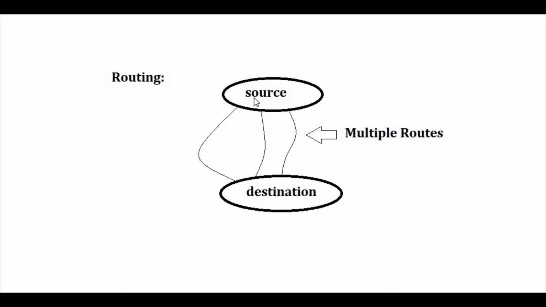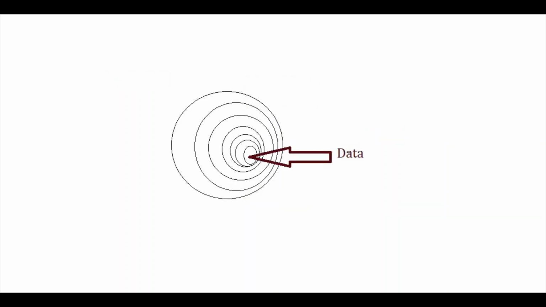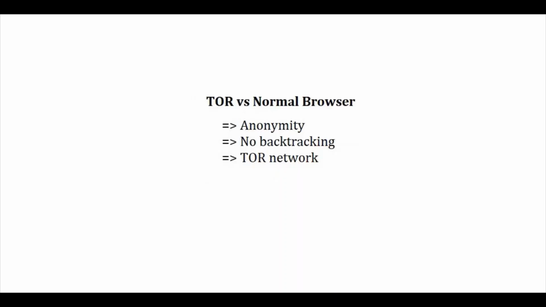So a high level of anonymity is offered, and Tor, the onion routing browser, offers this communication, or you can say works on the same principle. Okay, so I hope it is clear how Tor browser actually works, the onion routing principle basically. Now let's see how it is different from a normal browser.